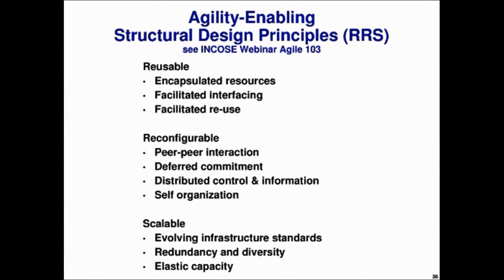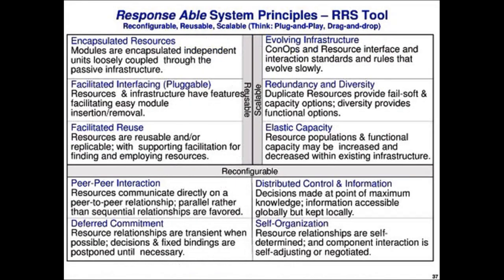Agility enabling structural design principles. These were outlined in INCOSE webinar Agile 103. There are 3 categories with 10 principles as opposed to the 9 we saw in the behavior facilitation capability before.